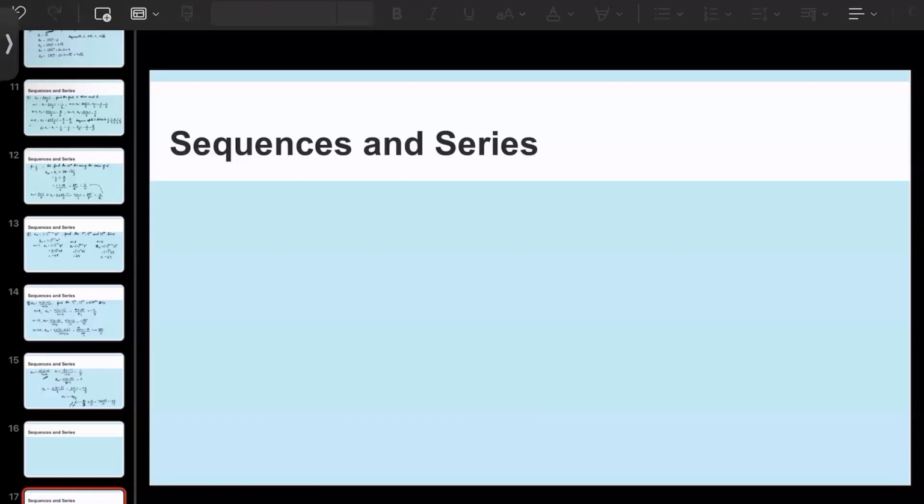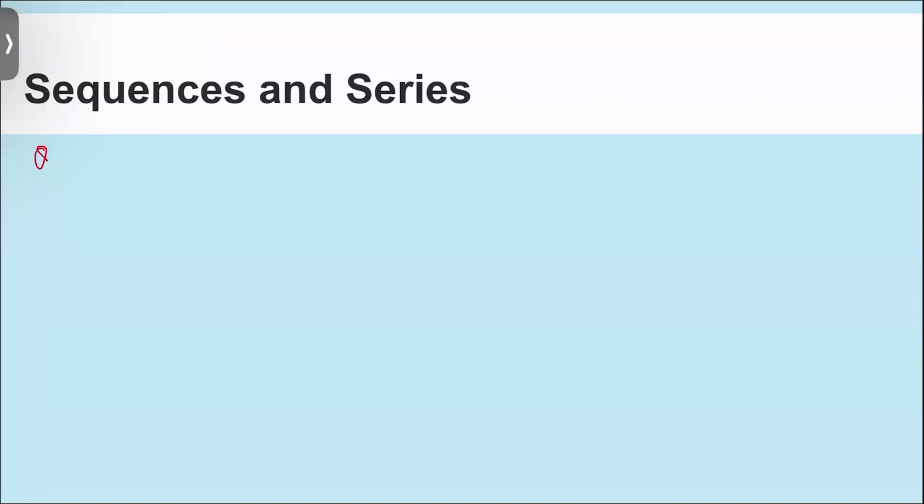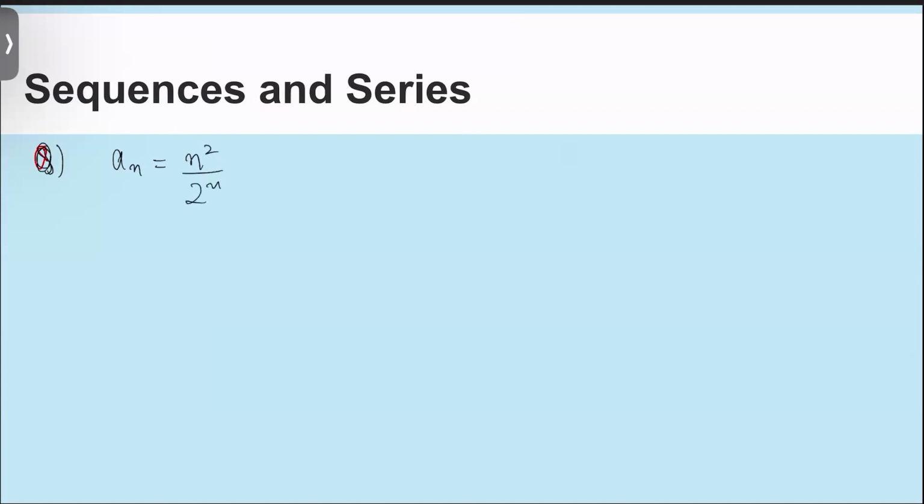Let's take the question: an is equal to n squared by 2 raised to n. Let's find our a4, a6, a7. So let's take our a4.